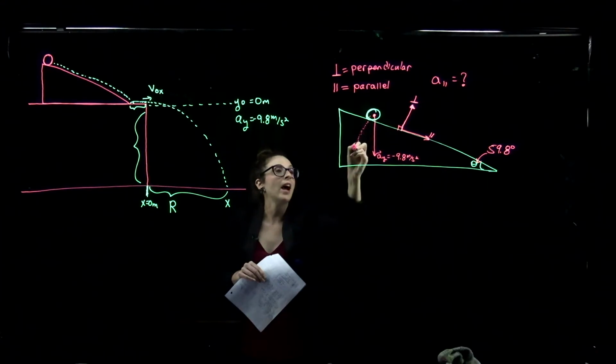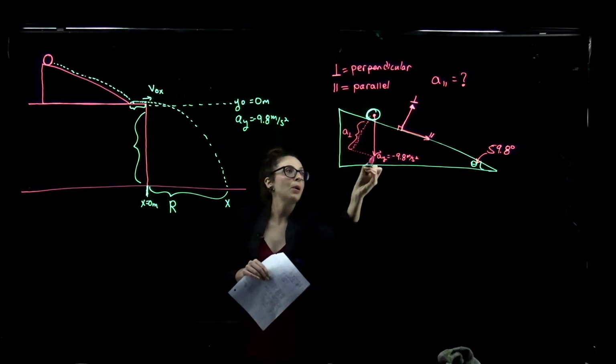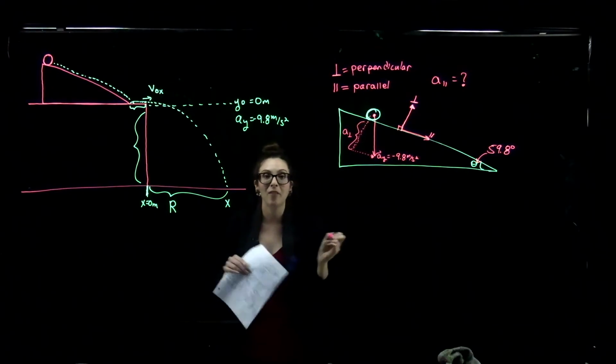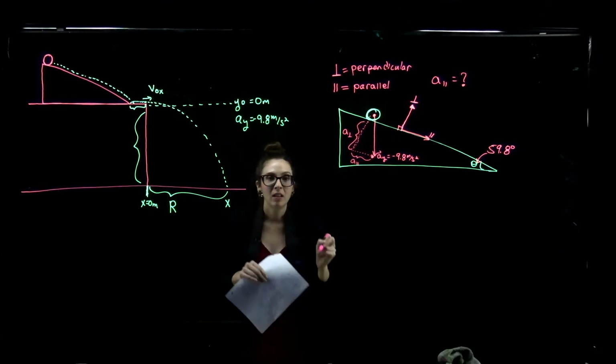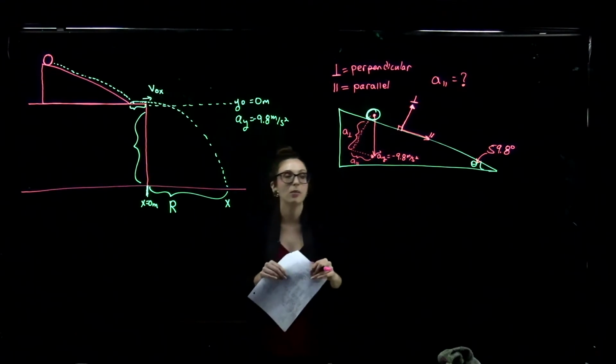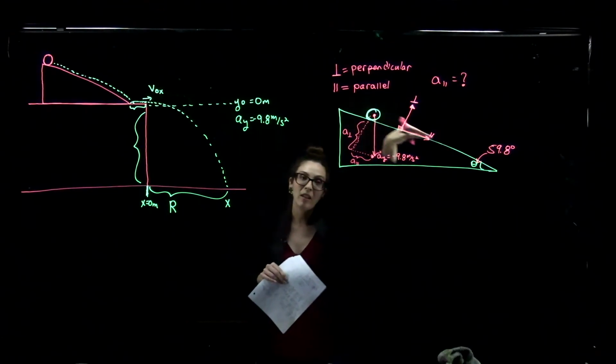Along the perpendicular axis, this is what I'll call a perpendicular. And this component of my acceleration due to gravity vector, I'm going to call a parallel, the component of acceleration due to gravity parallel to the plane.